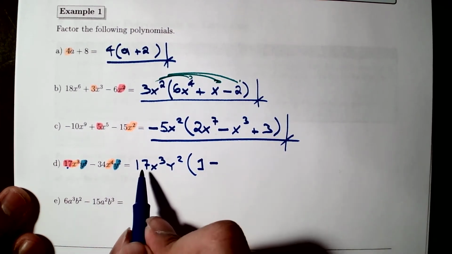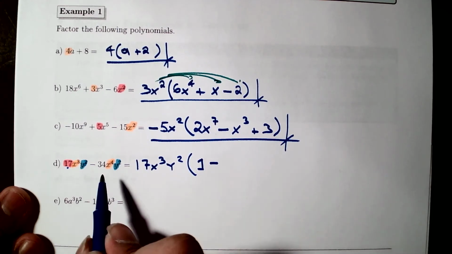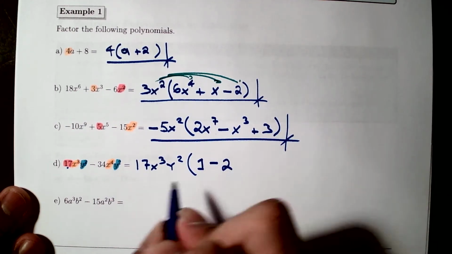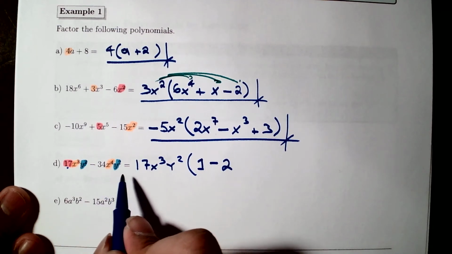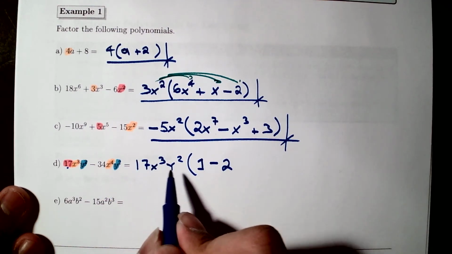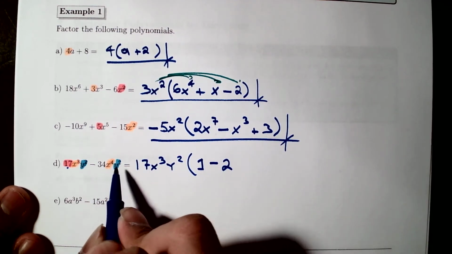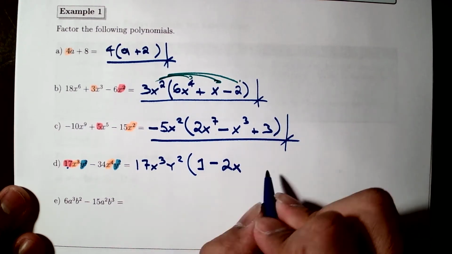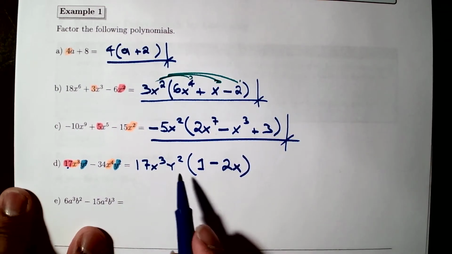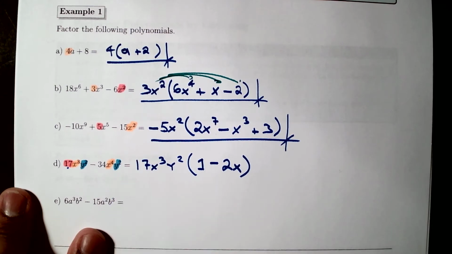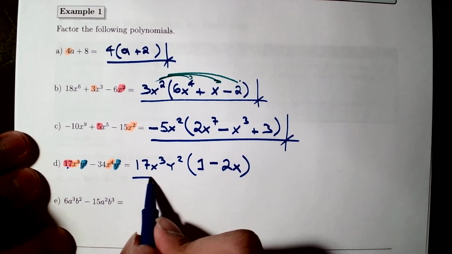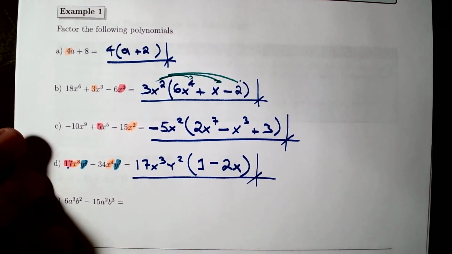Well, not 34, actually. 17 times what number equals 34? That's 2. And then x cubed times what power of x equals x to the 4? Simply x. And then we're done here. Y squared gives us back the y squared.